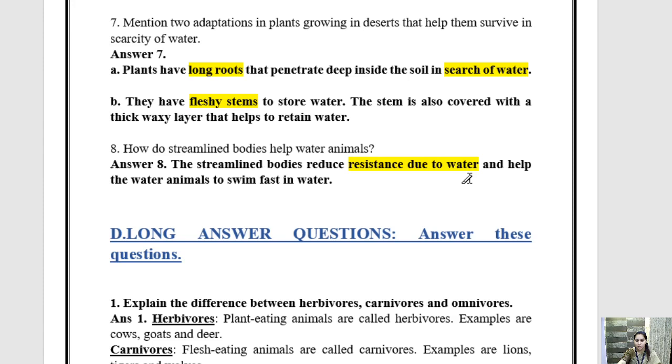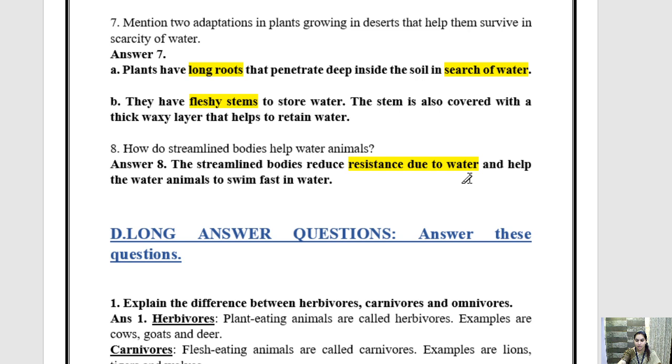An example of herbivores are cow, goat, deer. They are herbivores. Carnivores, tiger, wolf, lion, they are carnivores. Omnivores, bear, crows, humans, they are omnivores. Okay.